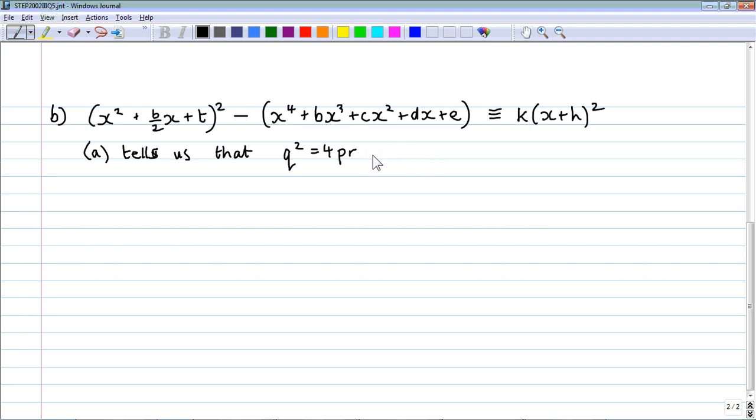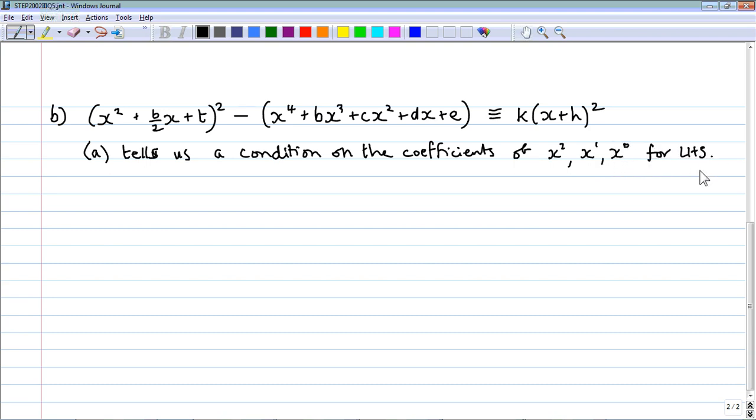It tells us a condition on the coefficients of x squared, x to the 1 and x to the 0 for the left hand side.